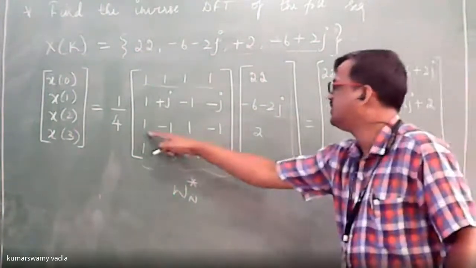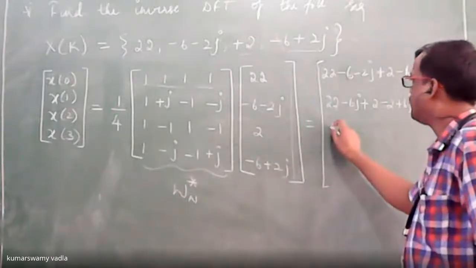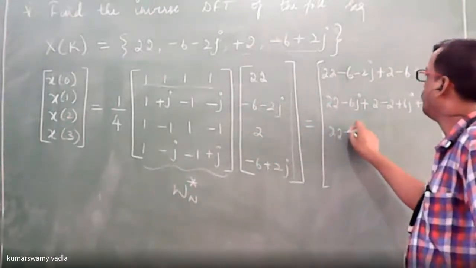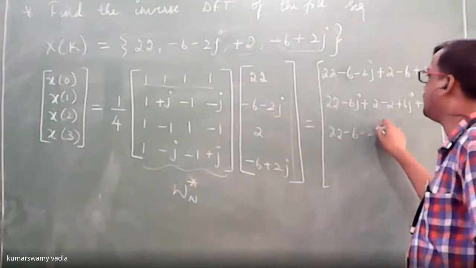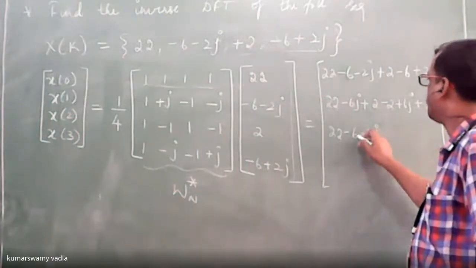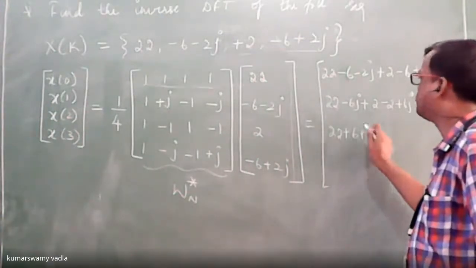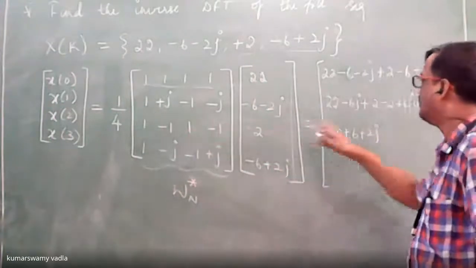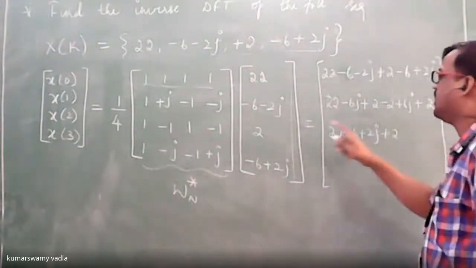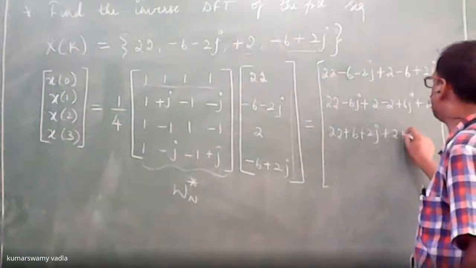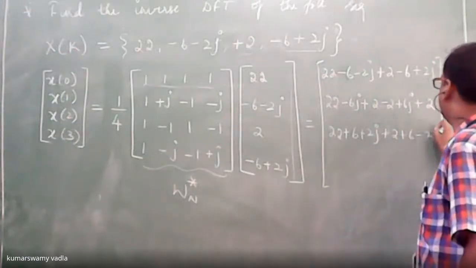Now similarly, this line with this: 22 minus 6 minus 2j, sorry, both are plus because of this minus, plus 2, then minus with plus 6 minus 2j.